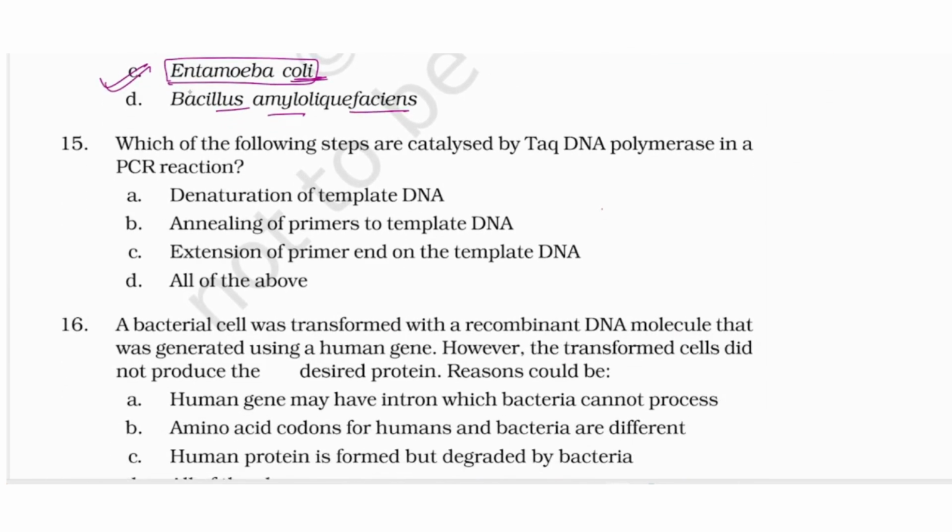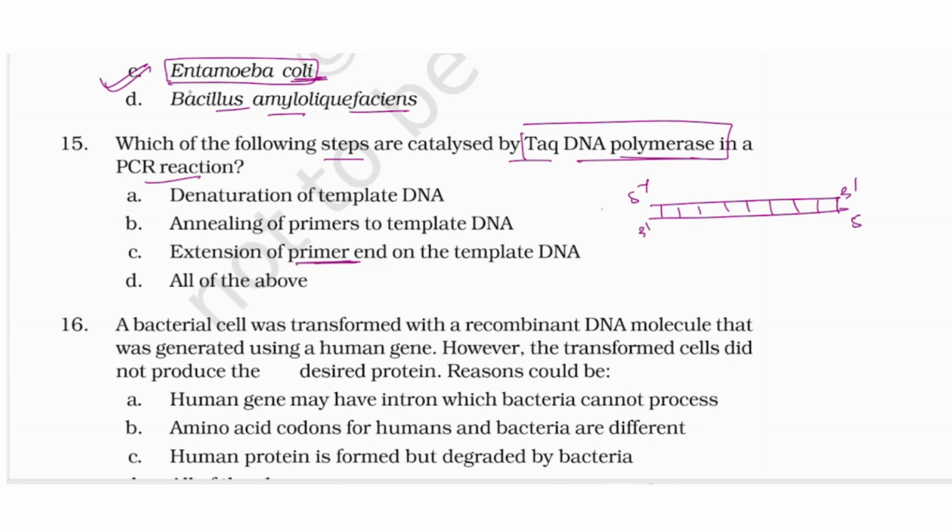Okay, which of the following steps are catalyzed by the Taq DNA polymerase in a PCR? Just now we were talking about the Taq polymerase in the previous question. At the primer ends, we have the two DNA strands attached with the help of hydrogen bonds with each other. This is the 5' end, this is 3', here is a 3', this would be the 5'.